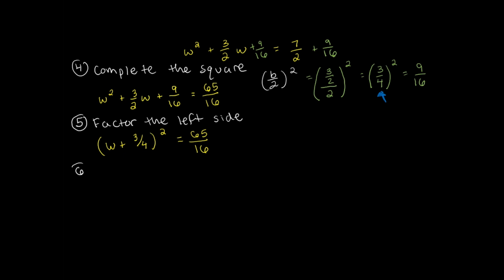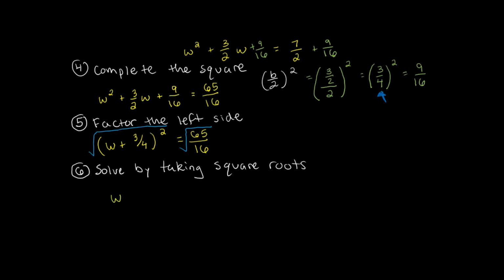So step 6 is to solve by taking square roots. So we're going to take the square root of both sides. And so we get W plus 3/4 equals, and then I'm going to get this square root of 65 over 16 thing.